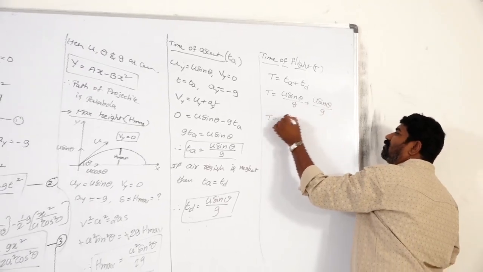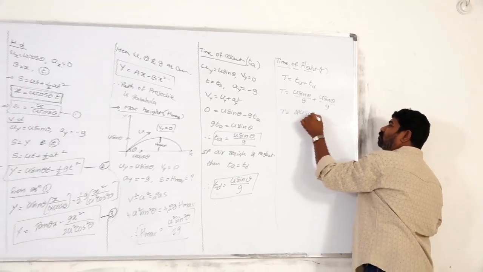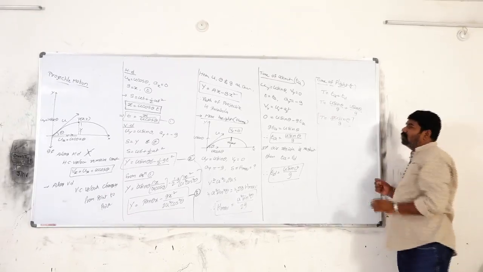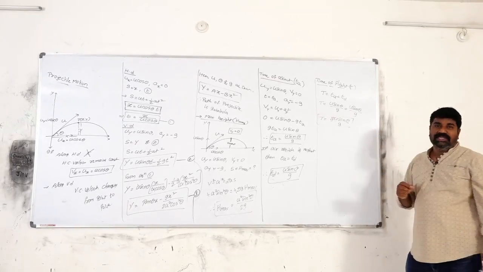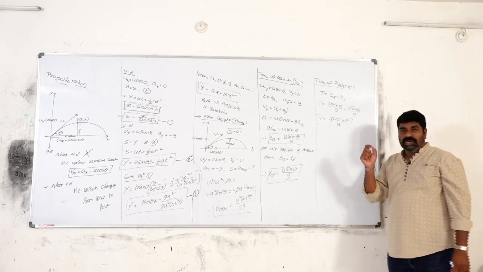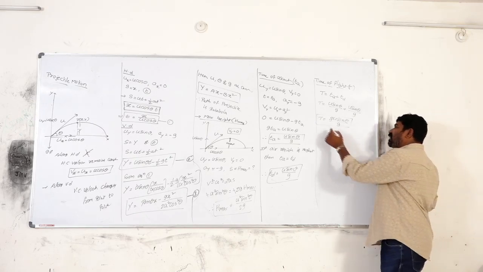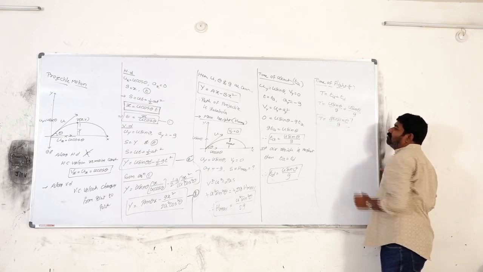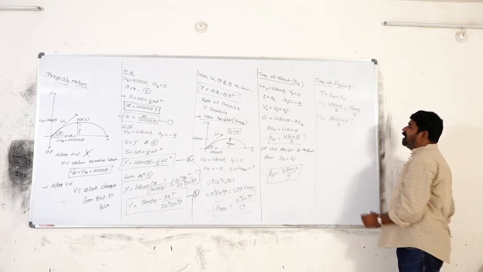So the time of flight is 2u sin θ / g. Time of flight is the total time spent by the projectile in the air. T = 2u sin θ / g.